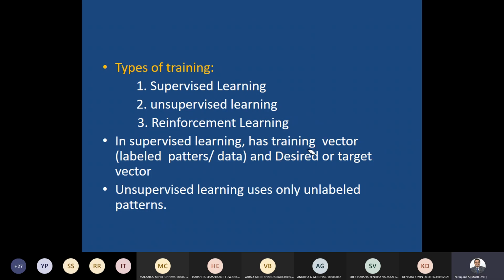So we'll be using two sets of data here for training. One is the actual input, that is nothing but the feature vector you extract for a given pattern, along with that, the target or desired output. A set of these will be used for training.